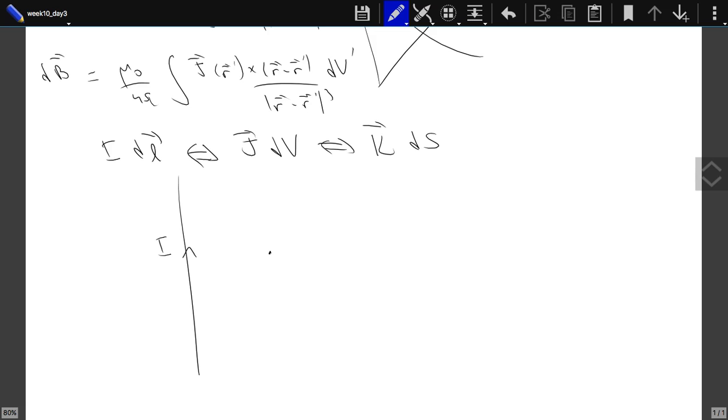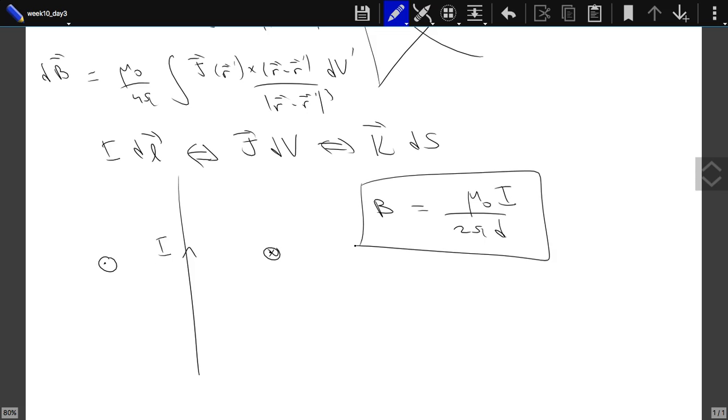So if the current is moving upward, at this point, the magnetic induction is into the screen. At this point, it is out of the screen. And we had also seen that the magnitude of the magnetic induction was mu 0 I over 2 pi d. So this was where we had left off.